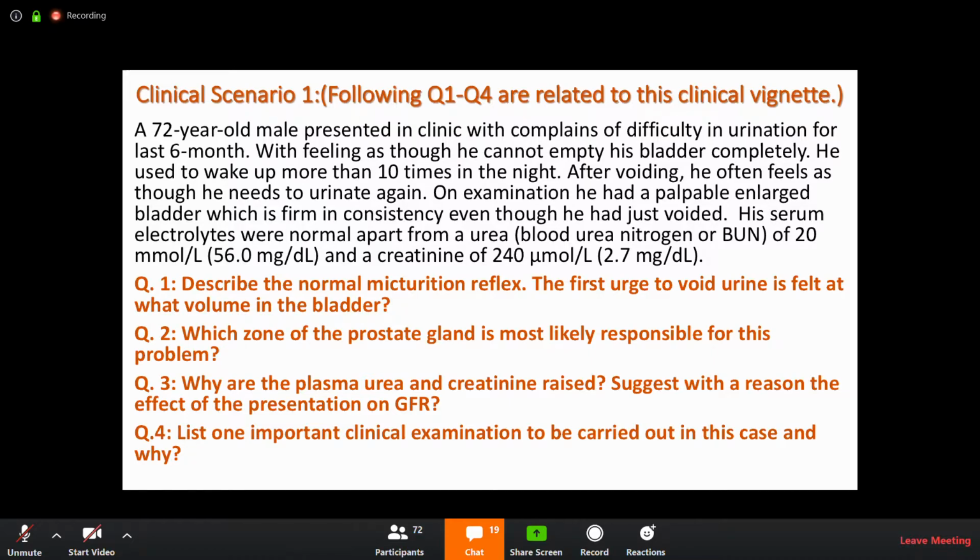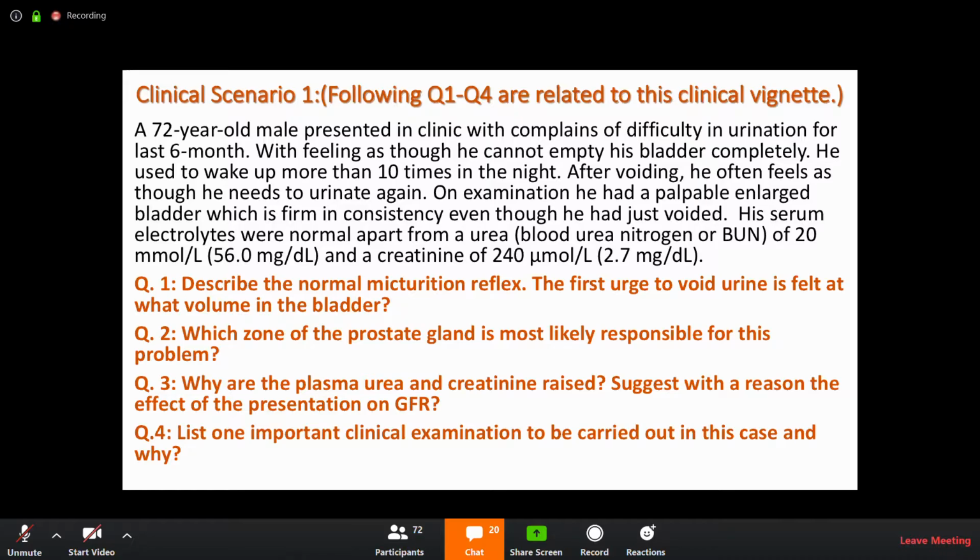Yes, as the volume of urine in the bladder increases, it increases from 0, then 50, then 100. The first urge of urine void starts at 150, and once it is inhibited, it remains inhibited for up to hours, from minutes, from seconds to hours.